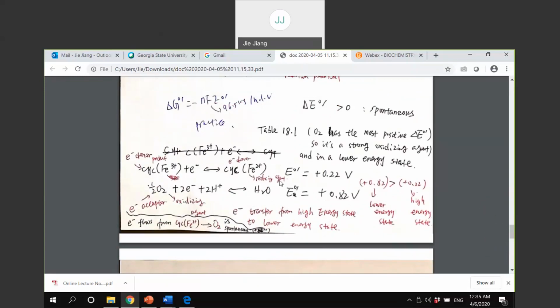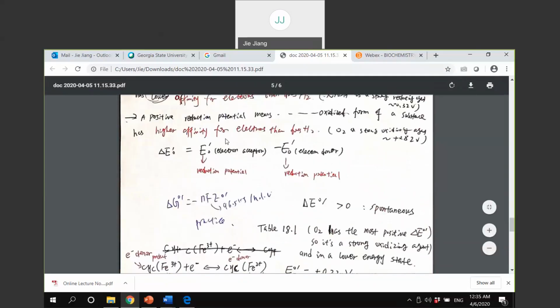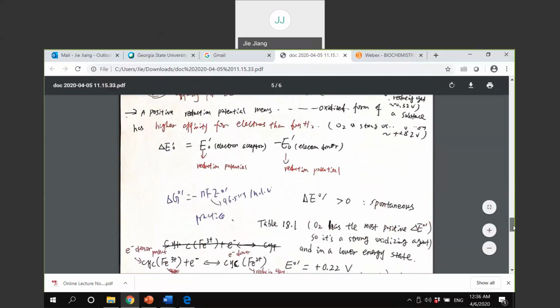First step, list the equation here. This equation won't be given, so you have to know it, right? Keep it in your mind. Second, very important step, you need to differentiate which one is your electron acceptor and which one is your electron donor.